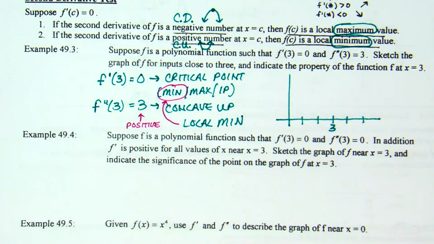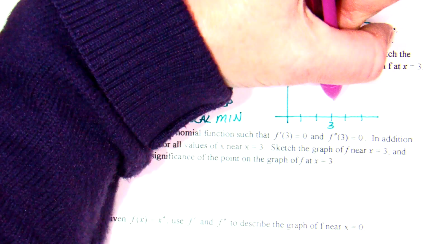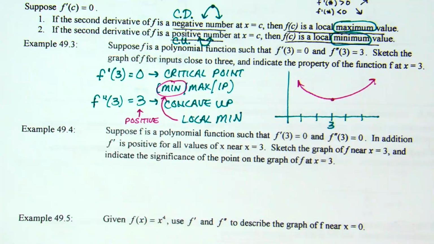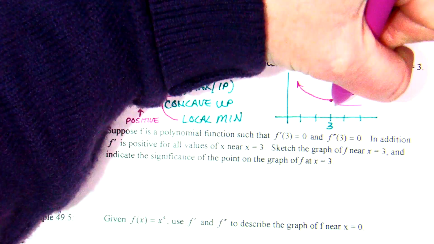Minimum at 3. Now, that minimum could be on the x-axis. It could be below the x-axis. It could be above the x-axis. We don't know any details about that right now. But we know that this point right here at 3 is a minimum. So that's how all that information goes together there.